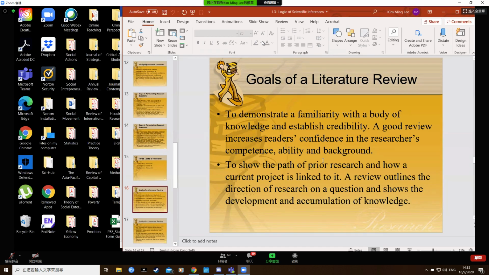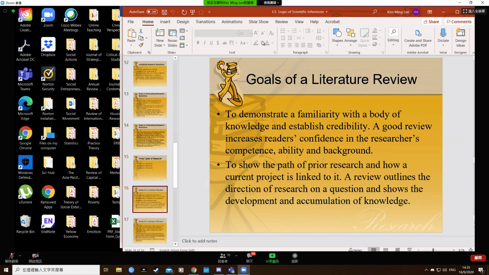And in real life experience, for example, we write proposals. Actually, we write proposals for what? For money. We want some funder. We want some sponsor. Okay, so we need to convince them we are capable. So this is why you need to do the literature review.